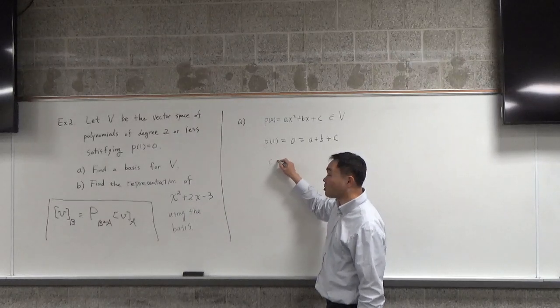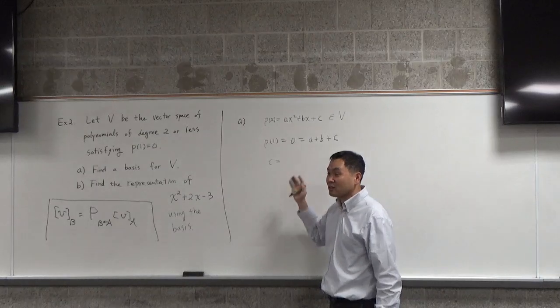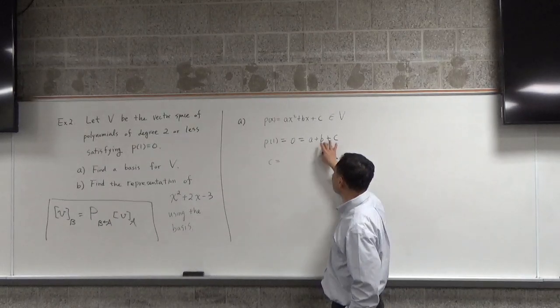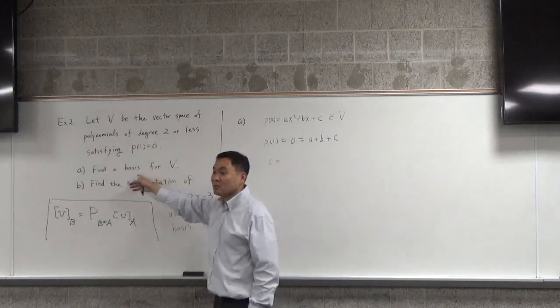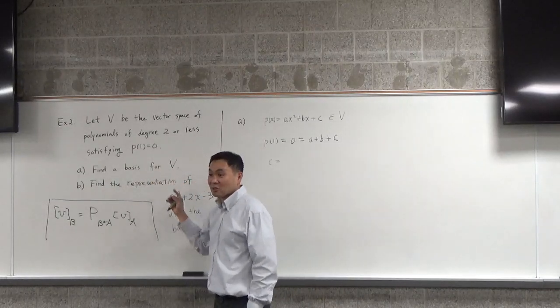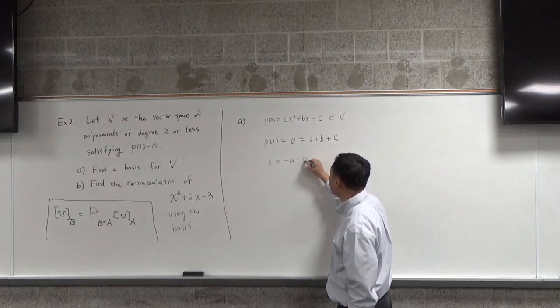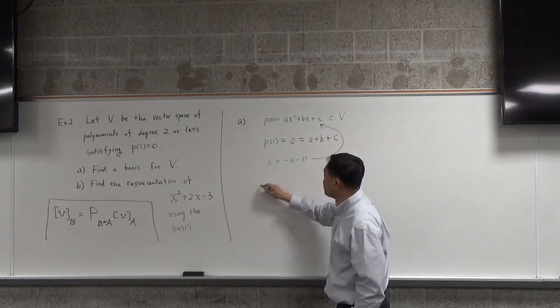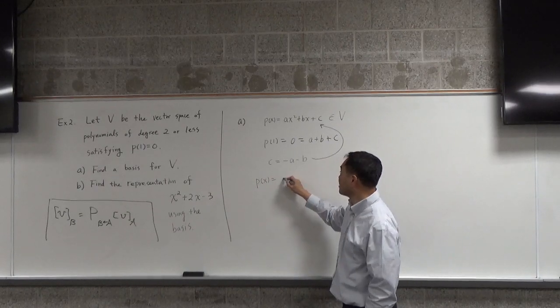We choose to solve for c, but we could choose to solve for a or b, it doesn't matter. In fact, choosing different ones will give you different bases, but you have many different possible bases for a vector space. So if c is equal to negative a minus b, and you plug this back in, we see that generically, an element in V will look like this.